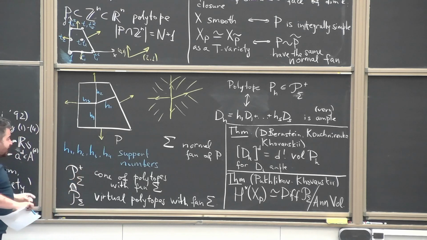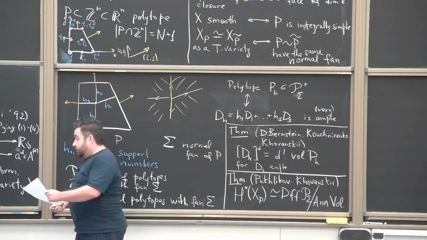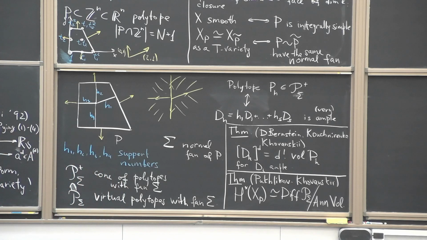So this allows you to compute things in the cohomology of a toric variety just by intersecting faces of the corresponding polytope. So what was our goal? Our goal was to generalize this to K theory, as I stated in the title of my talk.